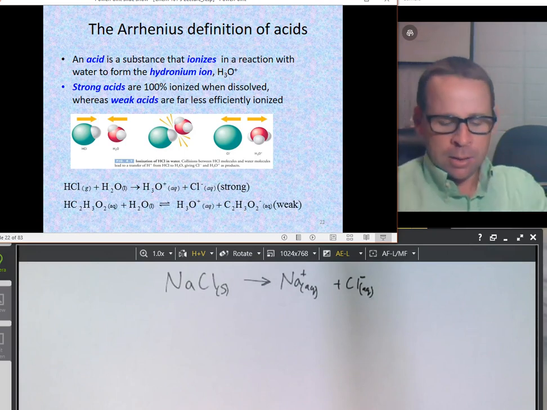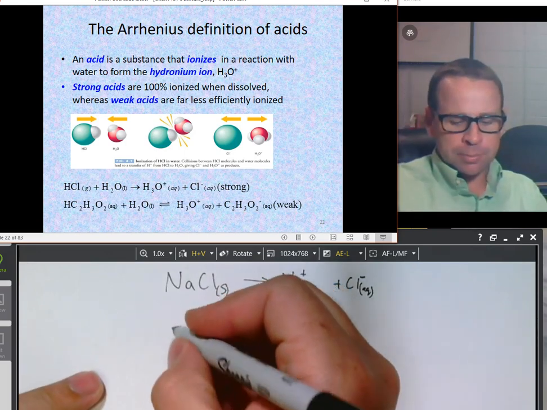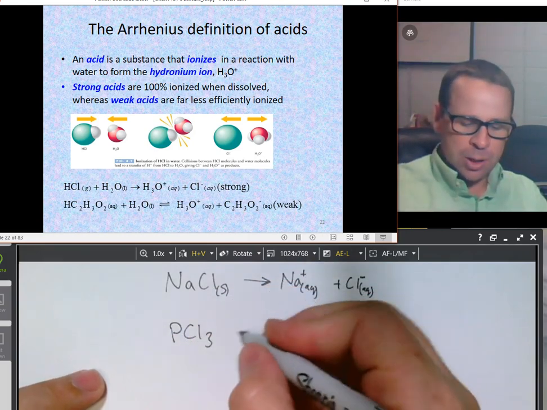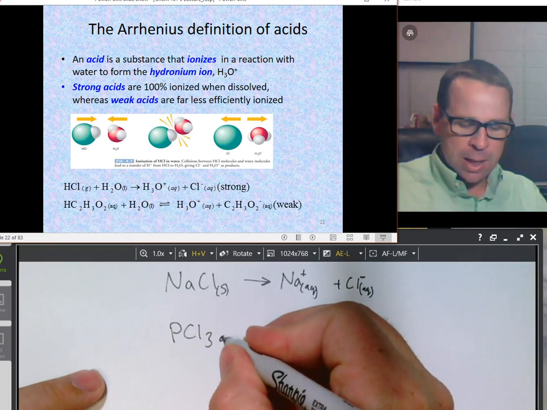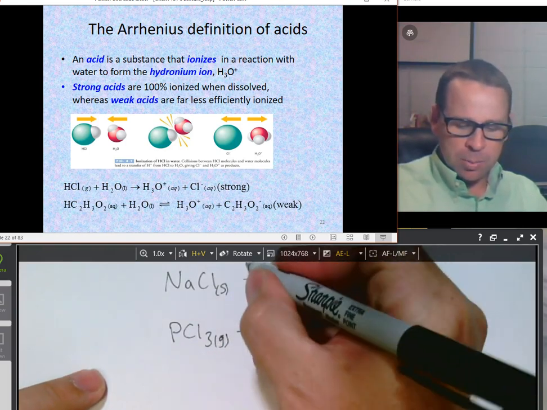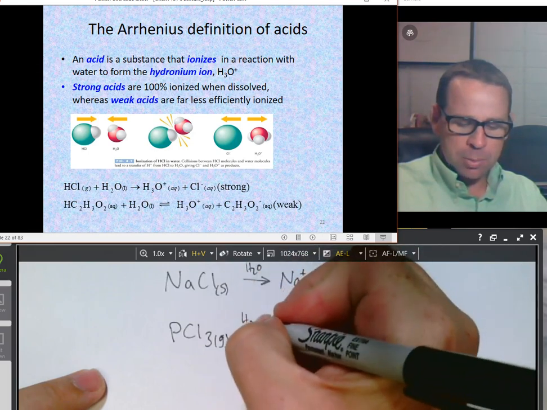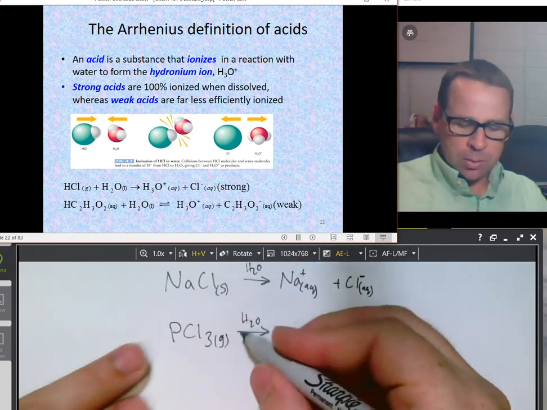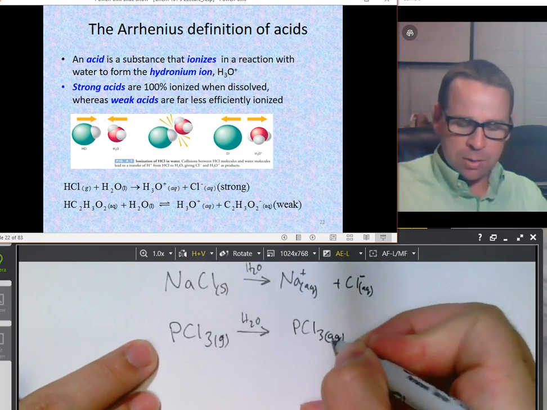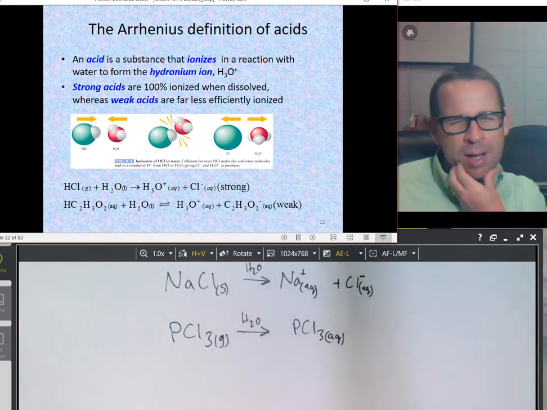We've talked about that. If I take a compound like this one as an example, maybe this is a gas or solid, and put it into water, so I can put water up on top to show that I'm putting it into water, well, we would get PCl3 aqueous, but it won't ionize.